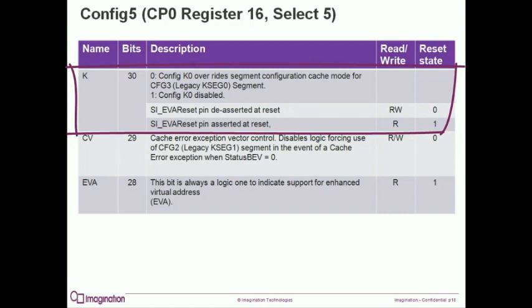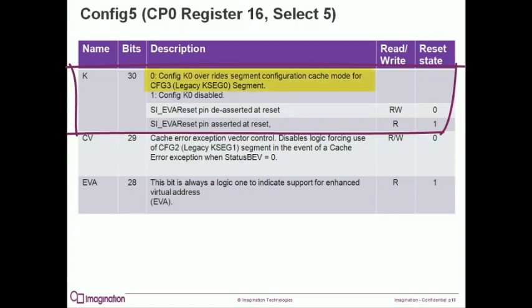To make an EVA core compatible with legacy software, the CFG3 segment that covers the same range of virtual addresses as did the KSEG0 segment can have its cacheability controlled by the K0 field.